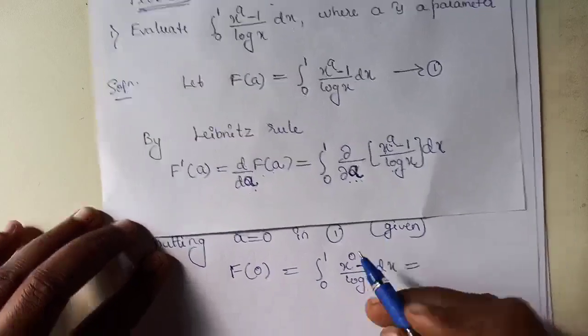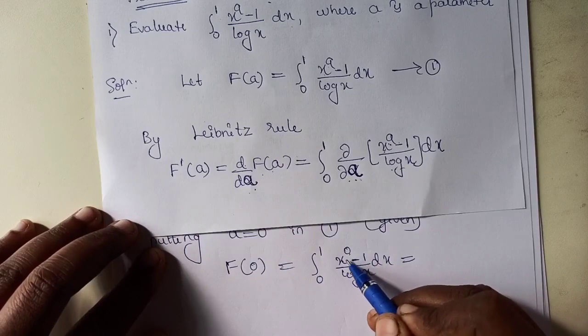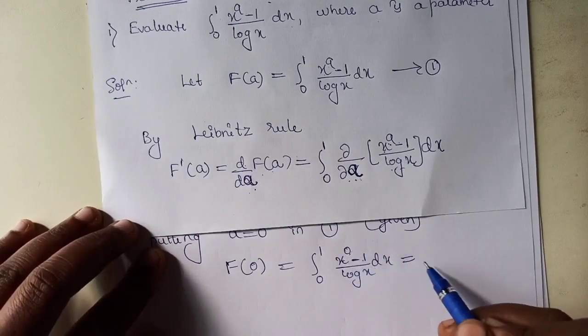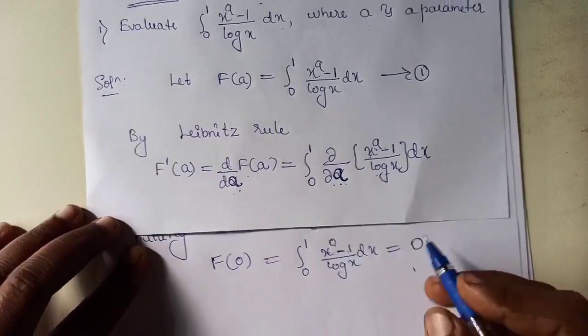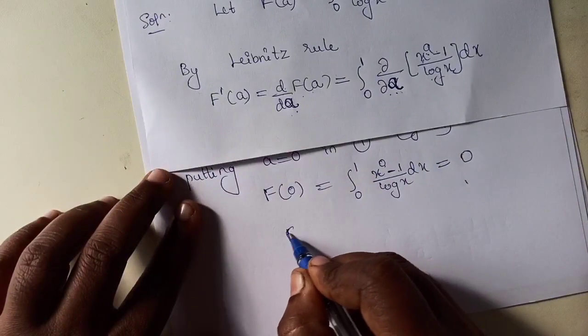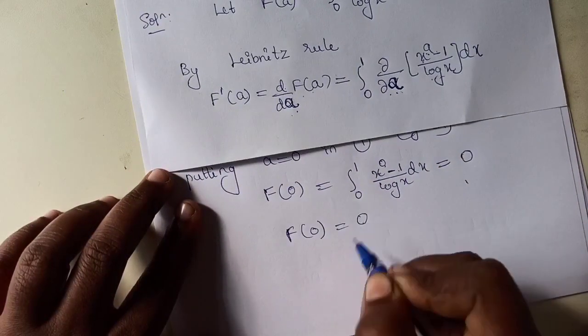Further simplifying, x raised to 0 is 1, 1 minus 1 equals 0, totally we get 0. So we got f of 0 equals 0.